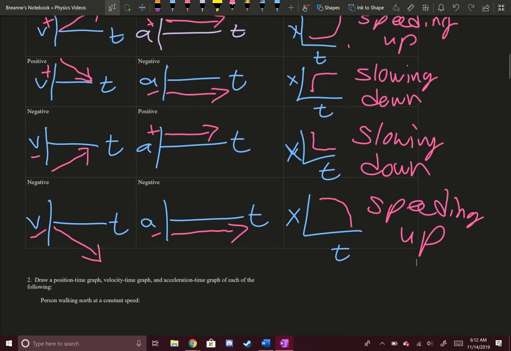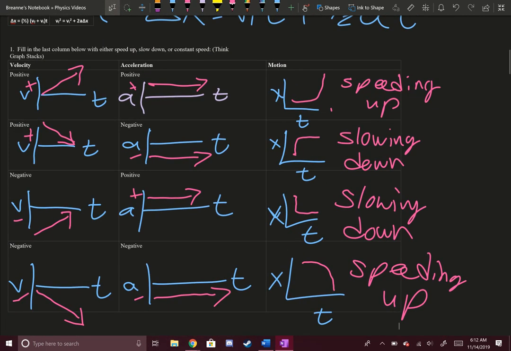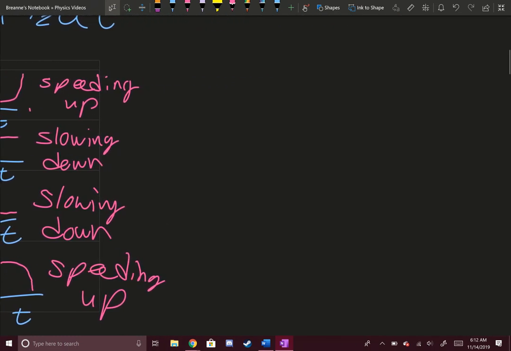A couple of people in class asked me what a constant speed would look like, because none of these answers are constant speed. I'm glad to show you. So we're going velocity, acceleration, keeping the same setup again.